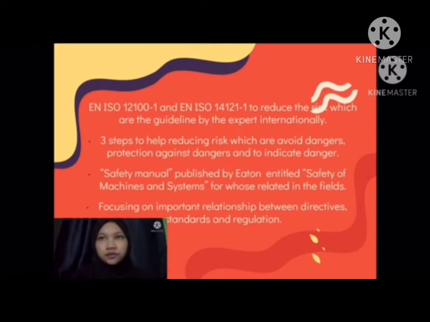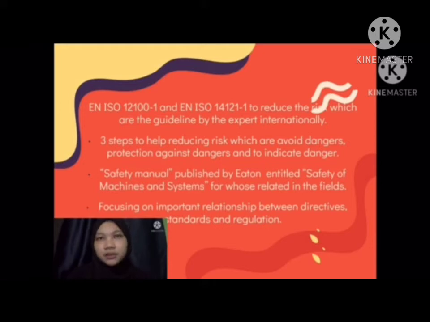The first step is to avoid dangers by eliminating risk and reducing through constructive measures during the planning and development phase of machine. Second step is the protection against dangers by introducing necessary protective guidelines, and lastly is to indicate remaining sources of danger either by information or warning concerning the residual risk.